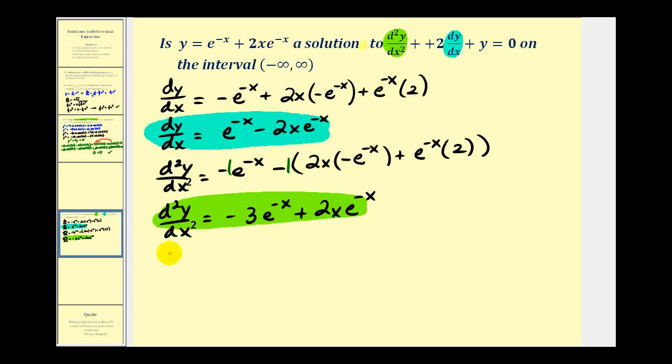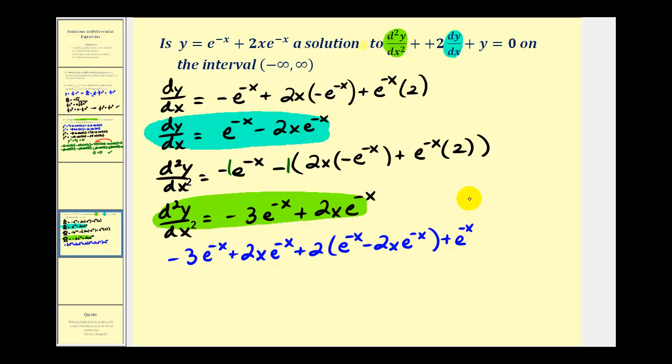So we're going to have negative 3 e to the negative x plus 2x e to the negative x plus 2 times dy/dx, so that's e to the negative x minus 2x e to the negative x, plus y, where y is the original function, so we have e to the negative x plus 2x e to the negative x equals 0.